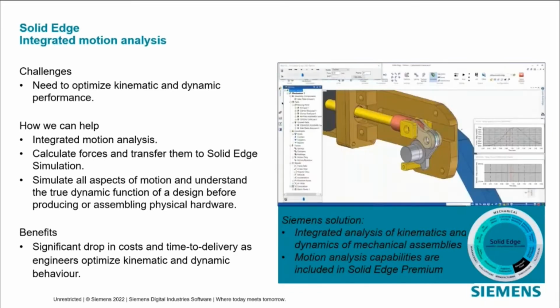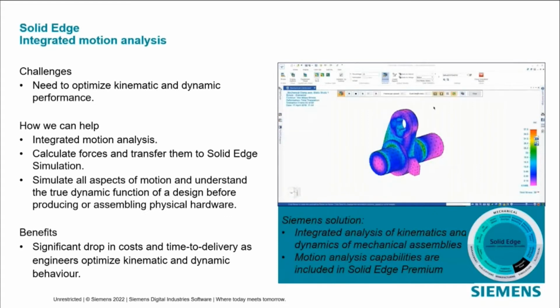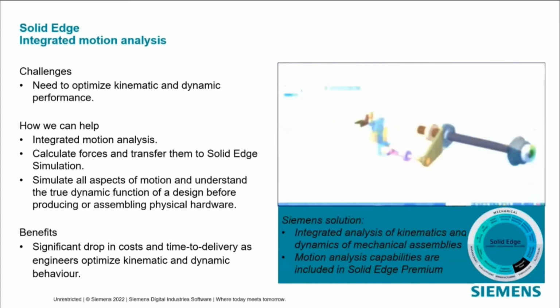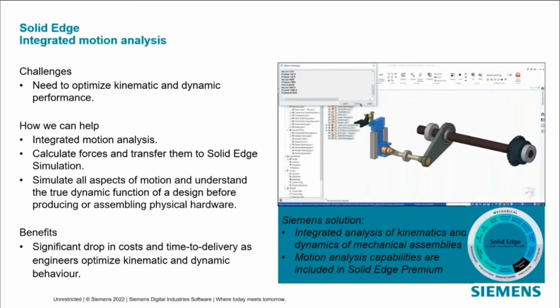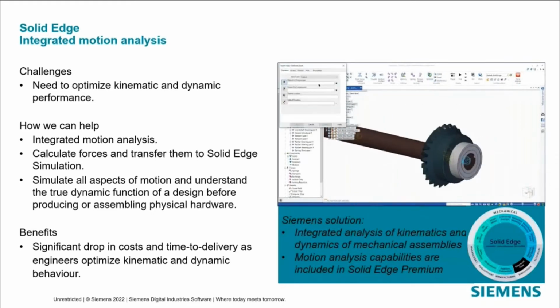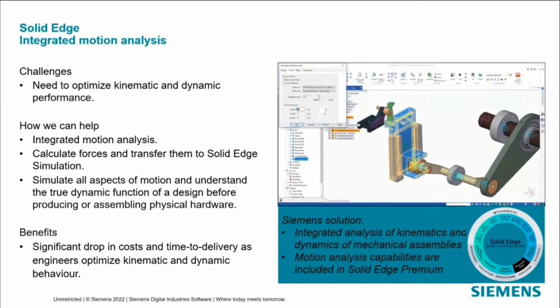By providing you a solution which integrates motion analysis, calculation of forces and transferring them to Solid Edge Simulation. Simulate all aspects of motion and understand the true dynamic function of a design before producing or assembling physical hardware. Here are a few benefits. Observing significant drop in cost and time to delivery as engineers optimize kinematic and dynamic behavior.